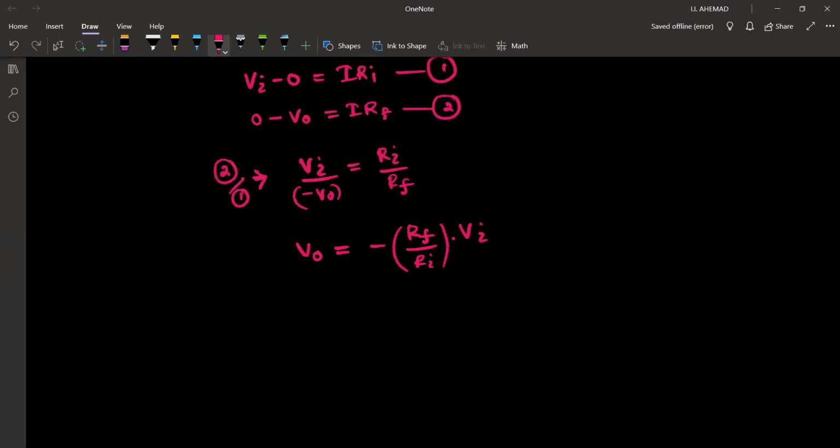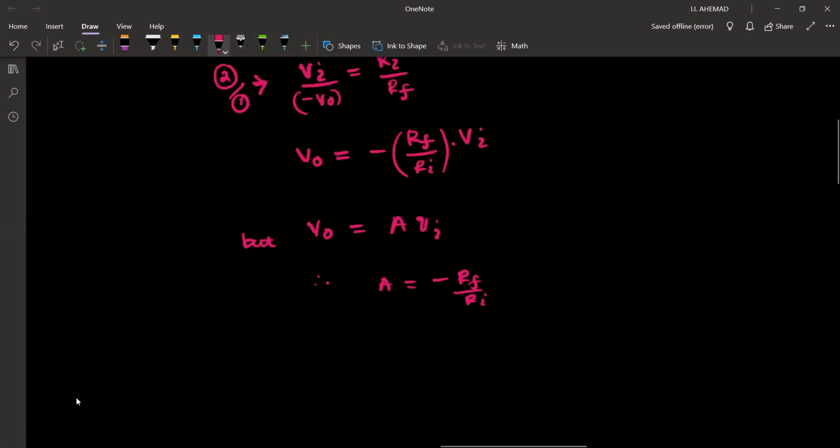But we know that V0 is equal to A times Vi. Therefore, since V0 is equal to this, A is equal to minus Rf over Ri.